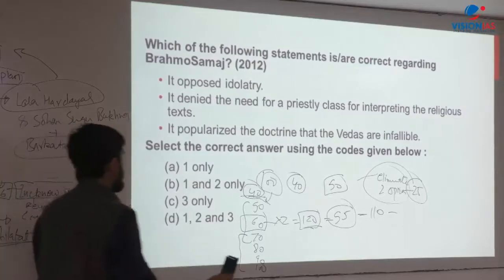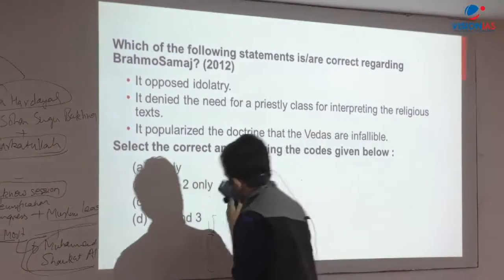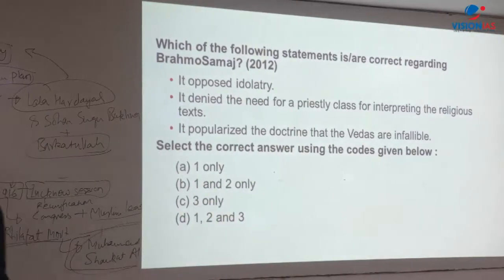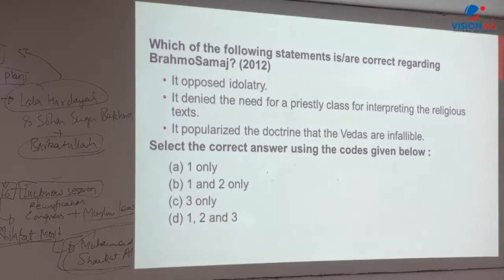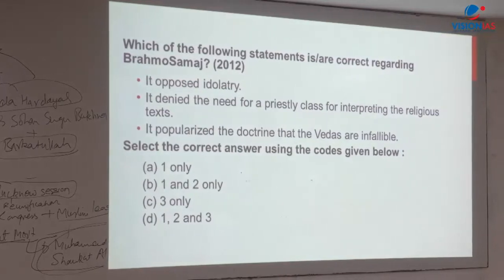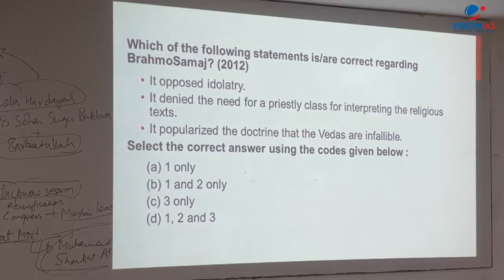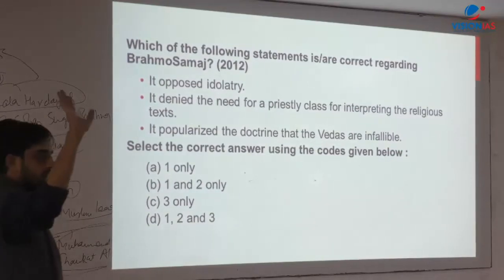आराम से, कोई जल्दी नहीं है. The first statement, is it correct? How many think it's correct?